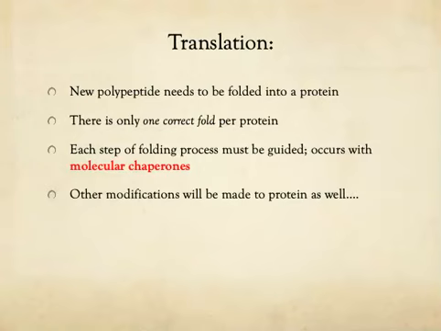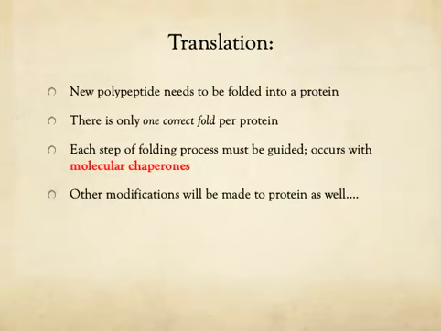You can imagine that with hundreds or thousands of amino acids involved, and each amino acid having its own R group, a strand of amino acids could be folded up in many different ways. But there is only one correct fold for each protein.